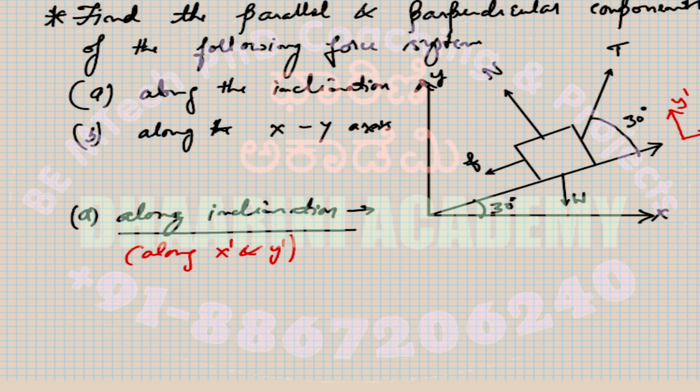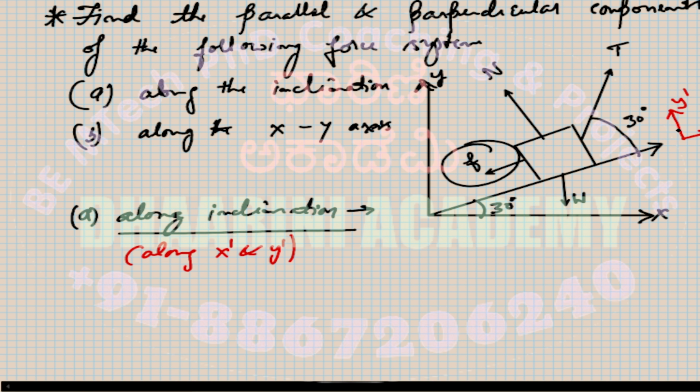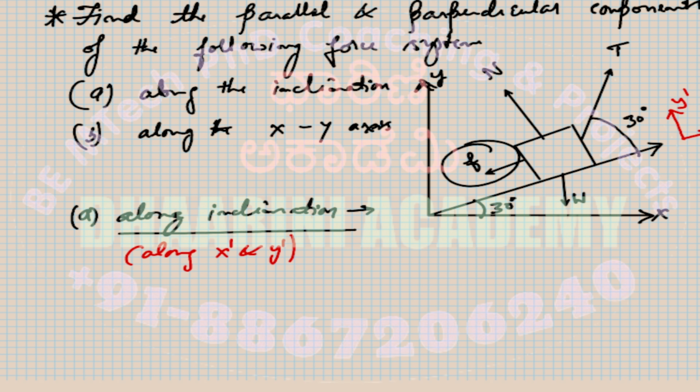Let us consider the first force, that is F. I'll start with this. F is making an angle. What is the angle made by F with x dash? It is towards the negative of x dash.